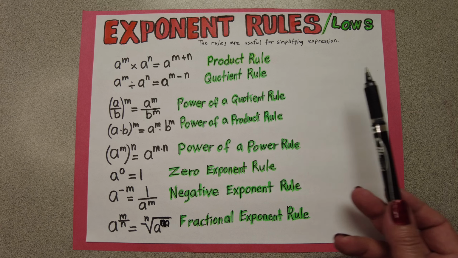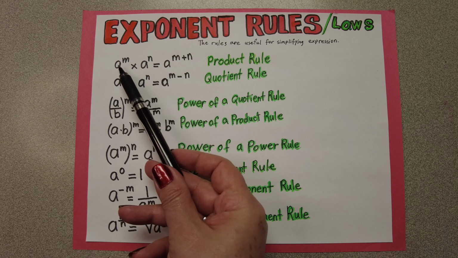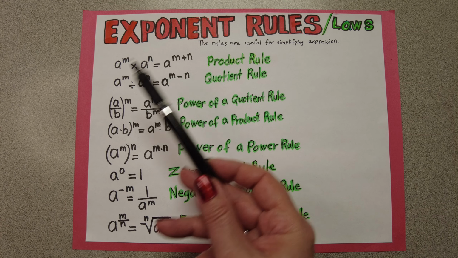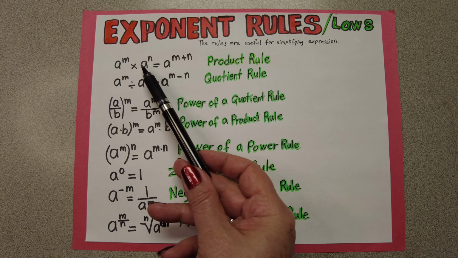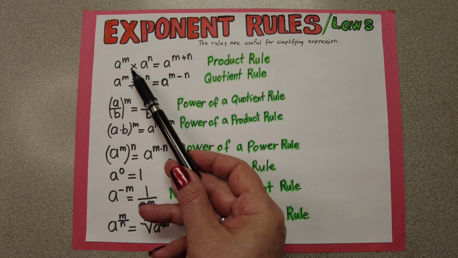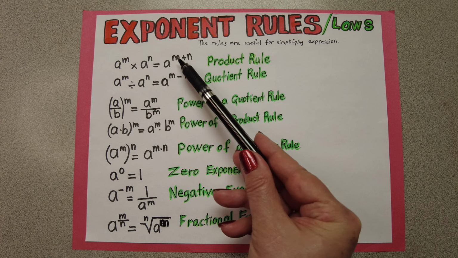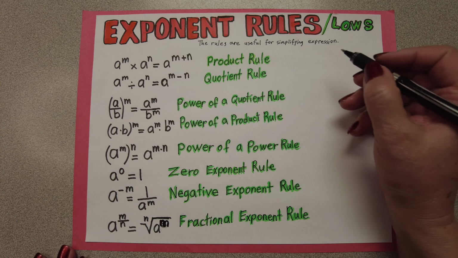If we have an expression with unknowns or numbers with exponents, we know that if we have the same base but different exponents multiplied together, we can write the base once and add the exponents. Let's do an example.